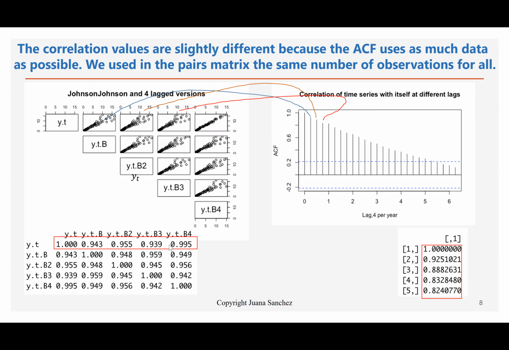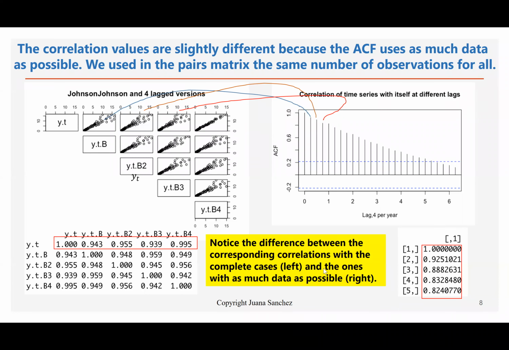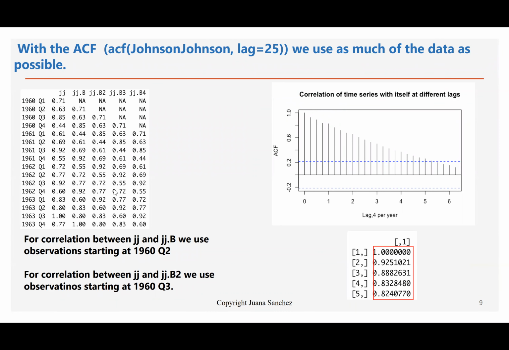Now, don't forget that when we did these autocorrelations in these scatter plots, we were using the complete cases. On the other hand, the autocorrelation function uses as much data as possible to calculate these autocorrelations. Okay, so let's look at that idea in the next slide.